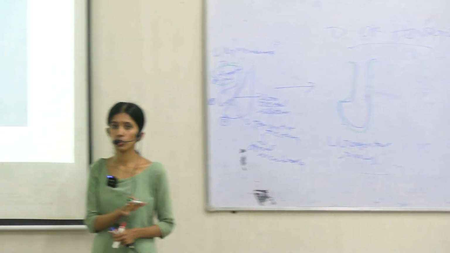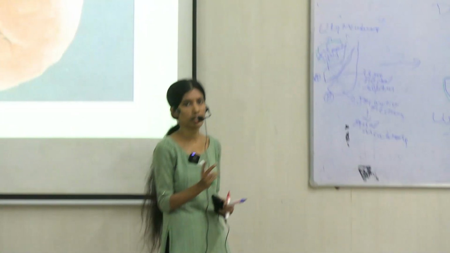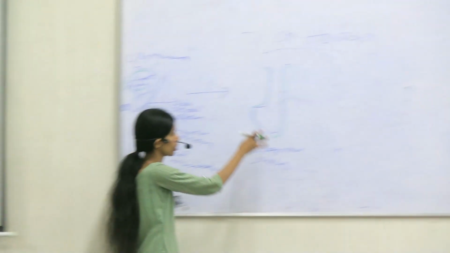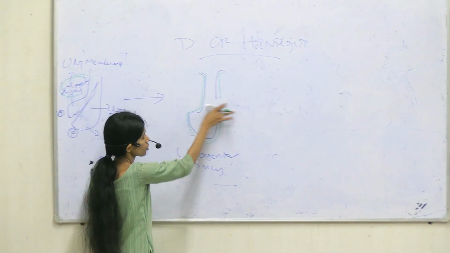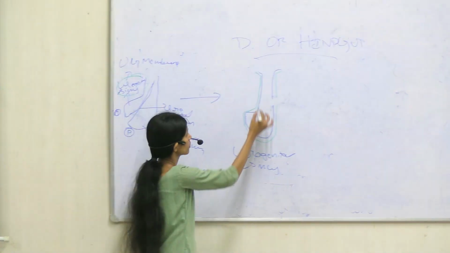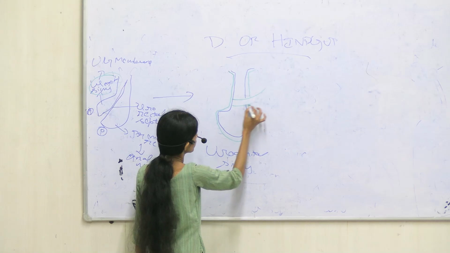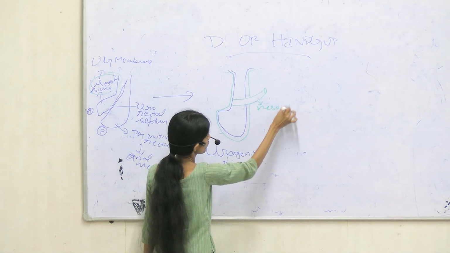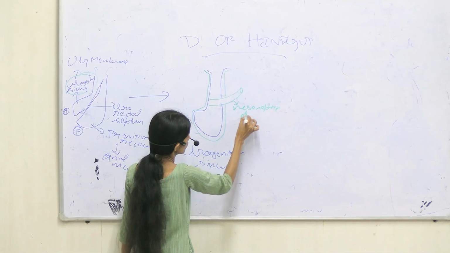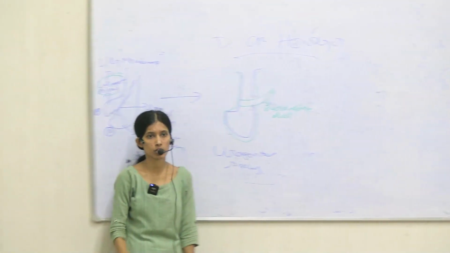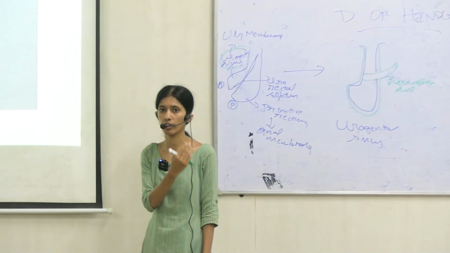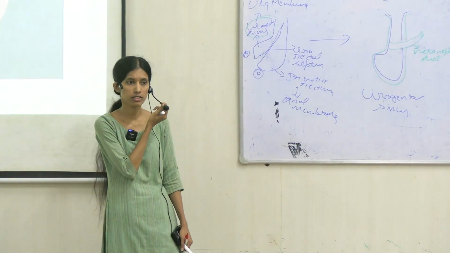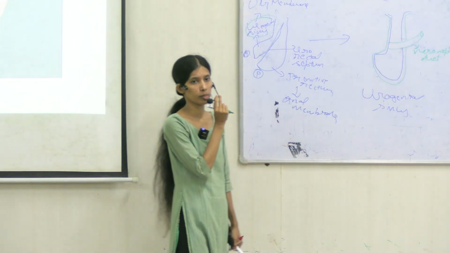The entire urogenital sinus is again divided into 2 parts based on the presence of the mesonephric duct. This is the mesonephric duct. Based on the presence of this, we are going to divide the entire urogenital sinus into two parts.